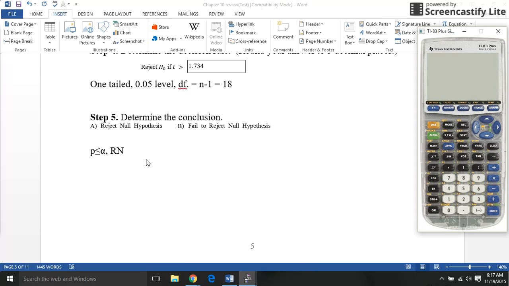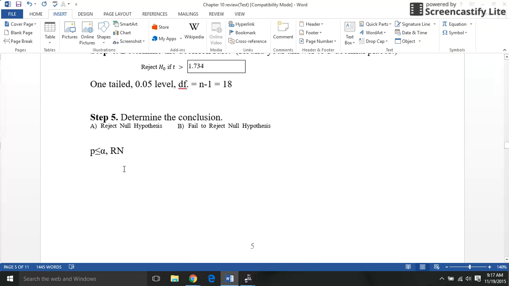If I go back, my p-value was 0.119, and is that less than or equal to, let me put that back in, 0.05? And it's not. This is not a true statement. So because it's not a true statement, I fail to reject the null.